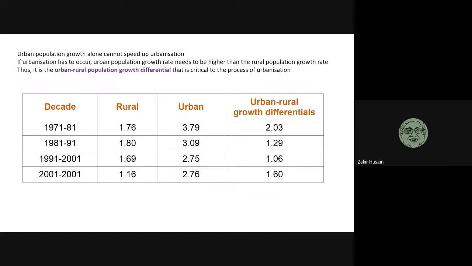If you look at this figure, the last column, the urban-rural growth differential, you can see that up till 2001, it has gone down. In the 70s, it was 2, it fell sharply, a slight increase, then it has gone up. Sorry, this should be 2011.